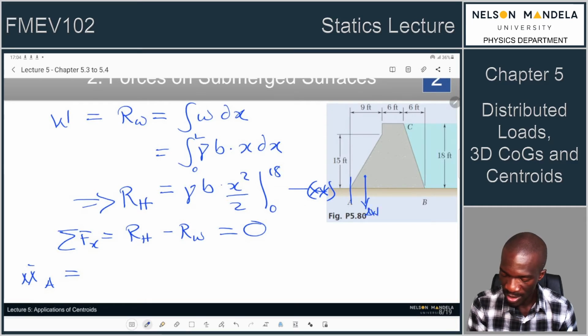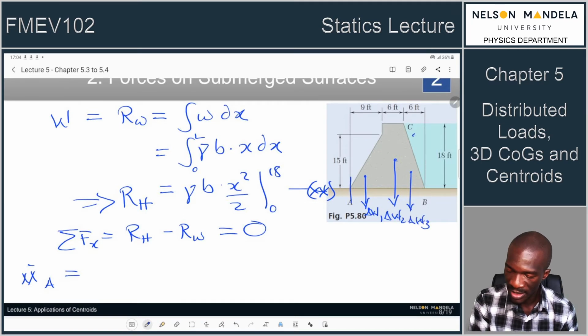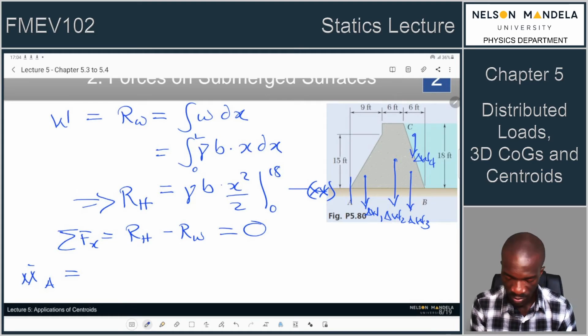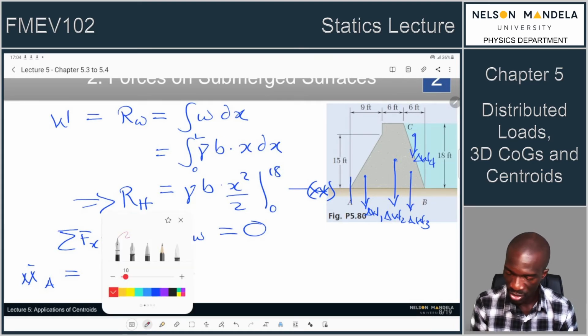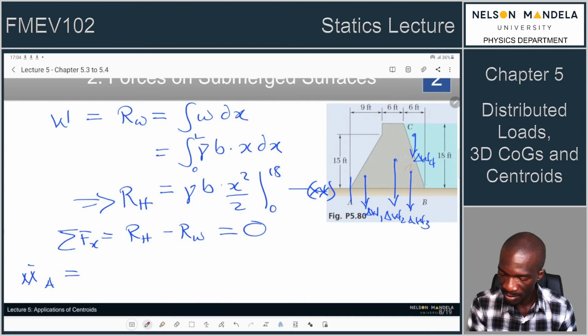Delta weight 1, we said here we have a delta weight 2, we said here we have a delta weight 3, we said here we have a delta weight 4. Then we said we have a resultant, right? So we've got some force there, R in the horizontal, right?